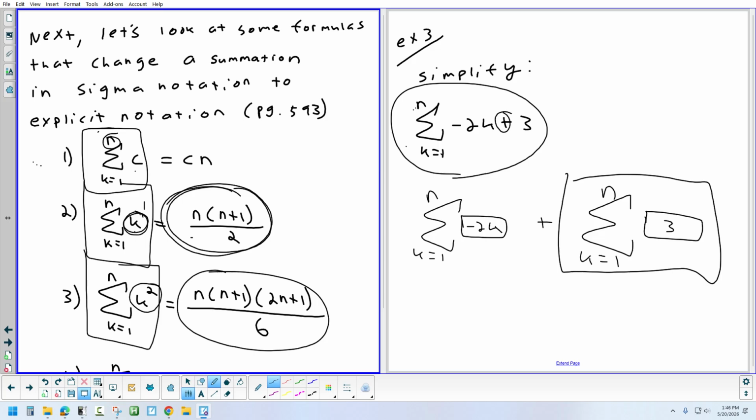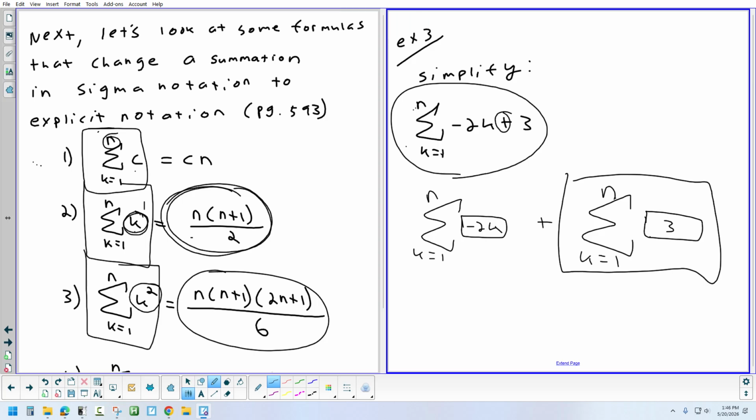So what's a quick formula that would add up the number 3 that many times? Yeah. 3n. So we got rid of that sigma. That one's gone. So we've got 3n. And now that second one, well, it's really the first one. This one almost looks like which one?